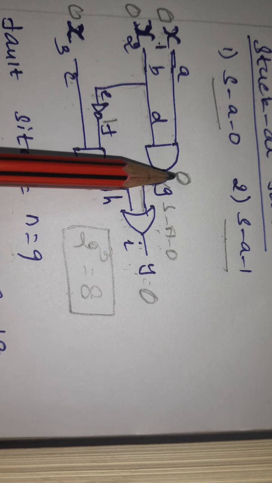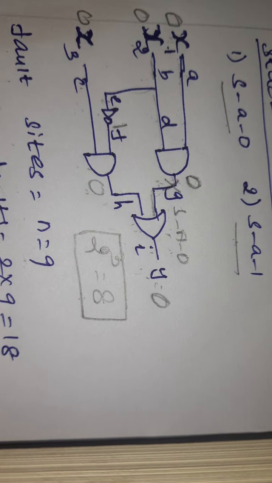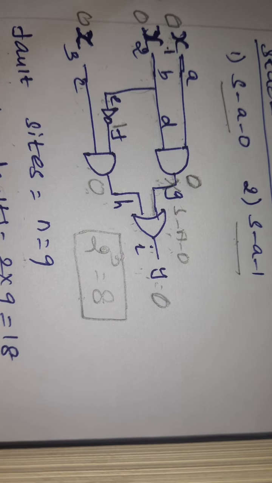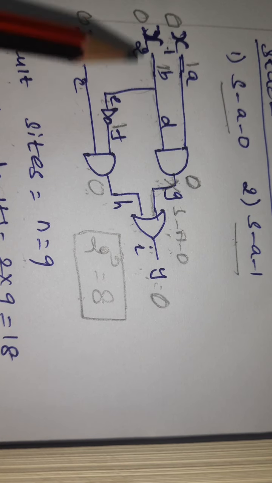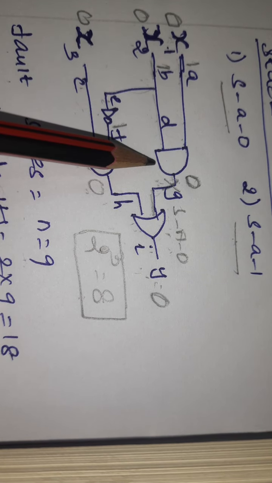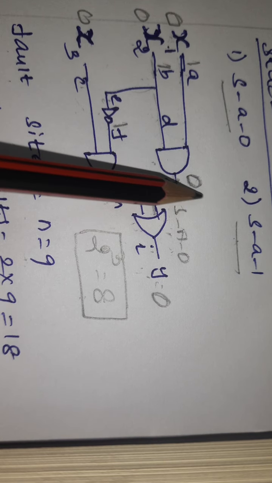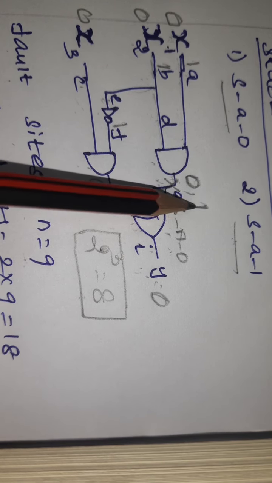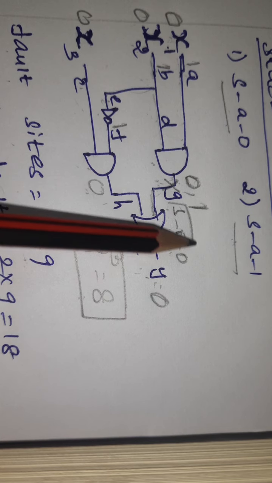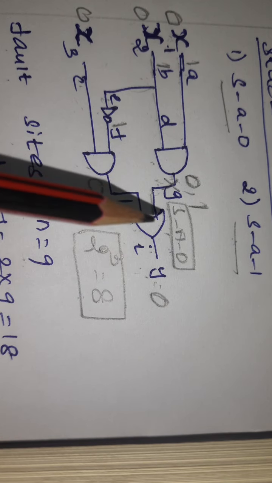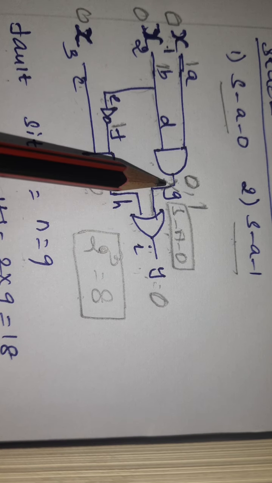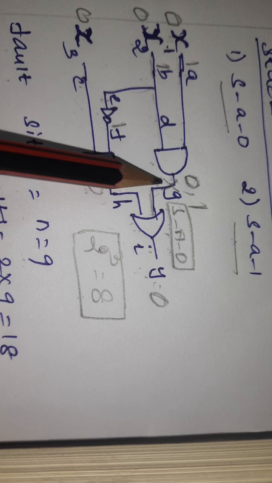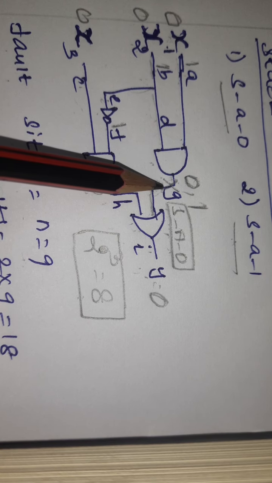When will we get 1 in this gate? At the combination 1 1. That means we apply 1 1 to this AND gate. What is the output of this AND gate? 1. But this line is affected by stuck at 0, so whatever value is present in this line, the fault is considered only 0.